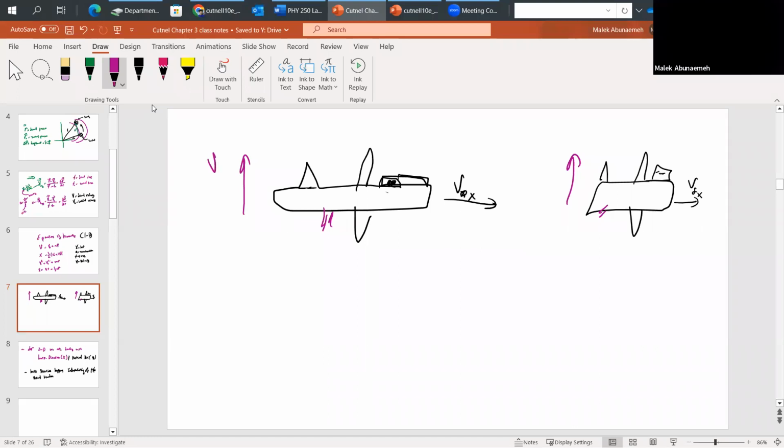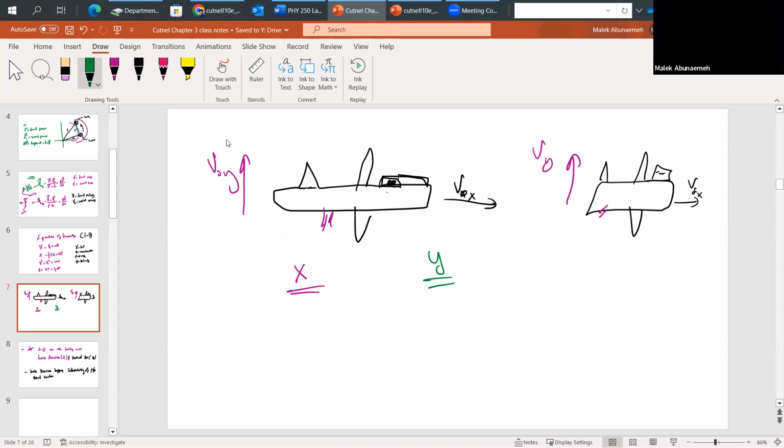So you get v initial of y, v final of y. Basically, we're talking about two things: your x horizontal and your y vertical. And because they happen independently, each one of them has its own equations.